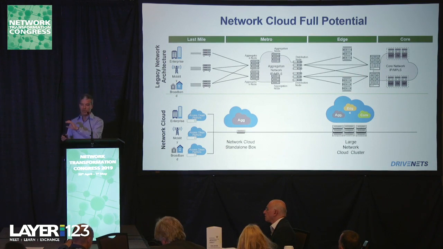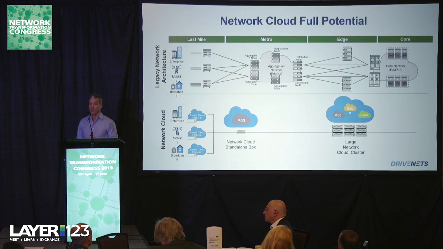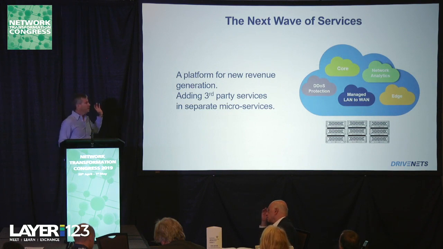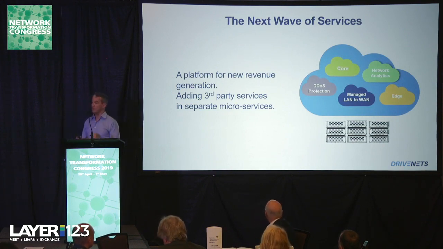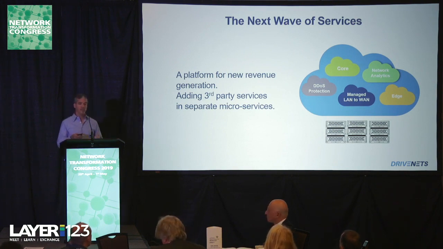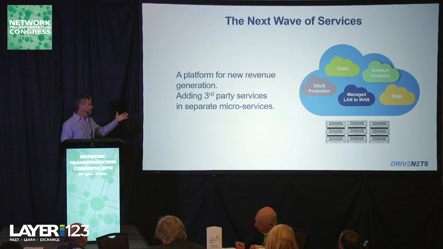So we talk about the simple operation. I just show you how we can share resources in order to reduce the amount of hardware you need per location. But it's also ready for generation of new services. And network cloud services are not limited just for routing services. It's an open platform using standard tools that is ready to run any service on any port.